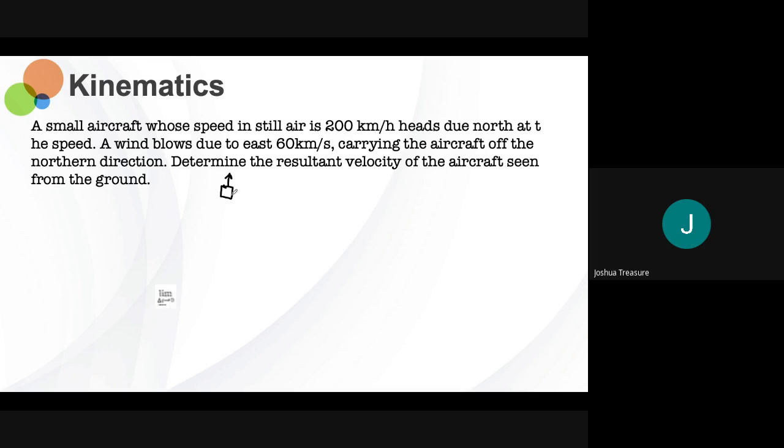So essentially, you have a velocity here moving in this direction, and then you have another velocity here moving in this direction, the velocity of the wind. I'm sure this should be 60 kilometers per hour. I don't have the book close to me, but I think that should be 60 kilometers per hour.